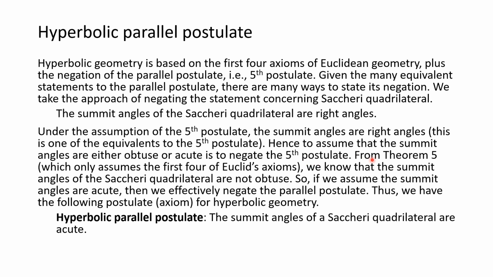But we know from theorem 5, which we proved in the previous lesson, that the summit angles of the Saccheri quadrilateral are not obtuse. So we only need to assume that the summit angles are acute in order to effectively negate the parallel postulate.